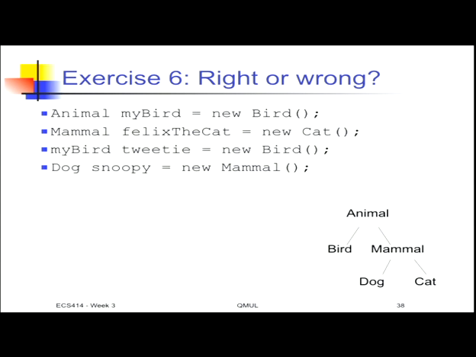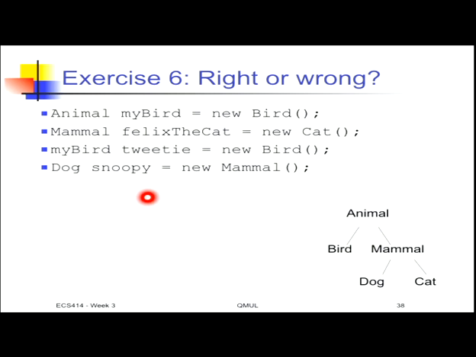Dog Snoopy equal new mammal. Is that correct? Raise your hands. Okay, so that was a trick question. This is not correct. This goes in the other direction because dog is a subclass of mammal.